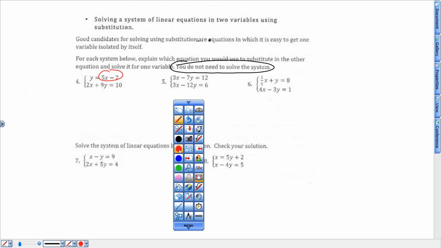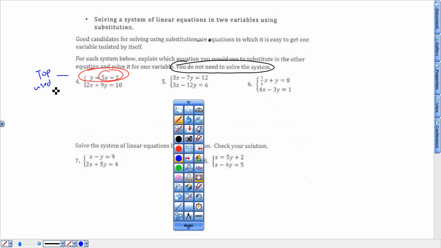But I do see that this top equation is the one I'm going to use. That 5x minus 2 piece is going to be what I plug in. So the top equation is the one I'm going to use.